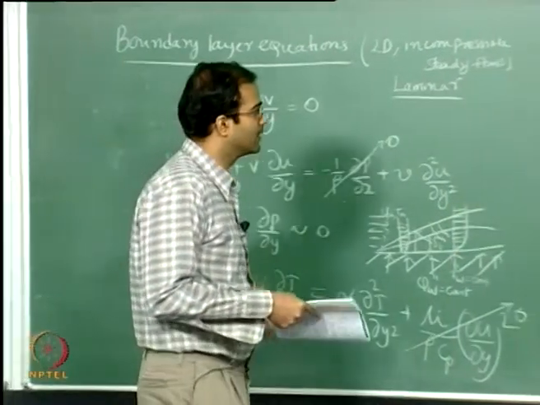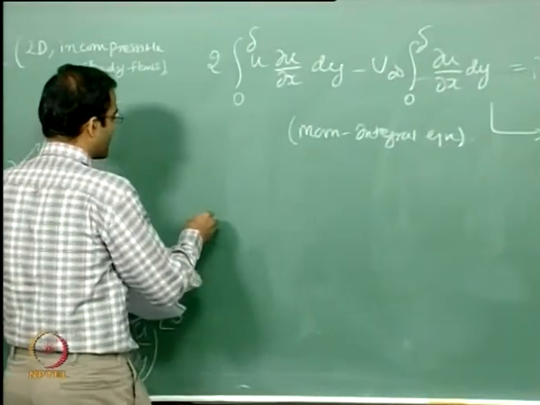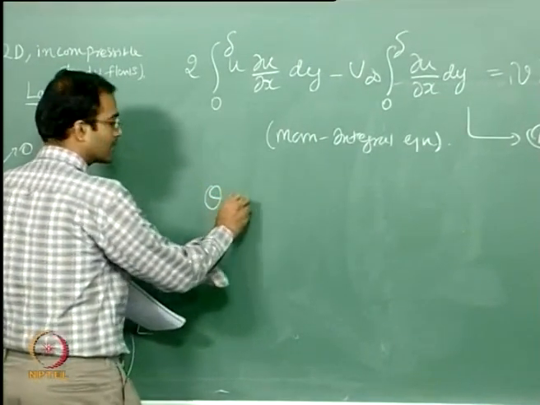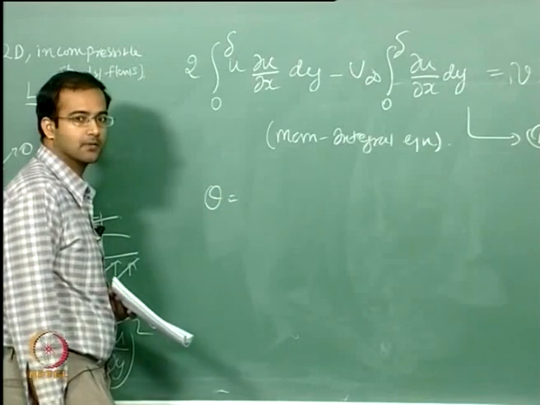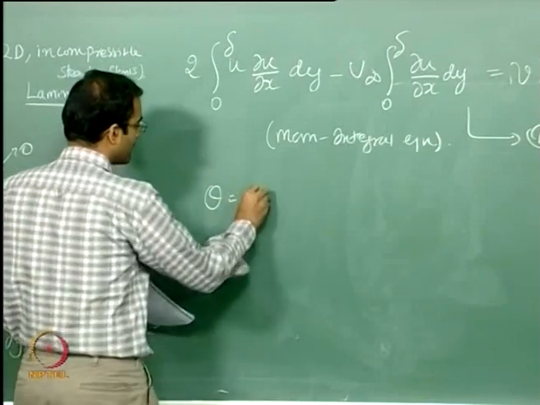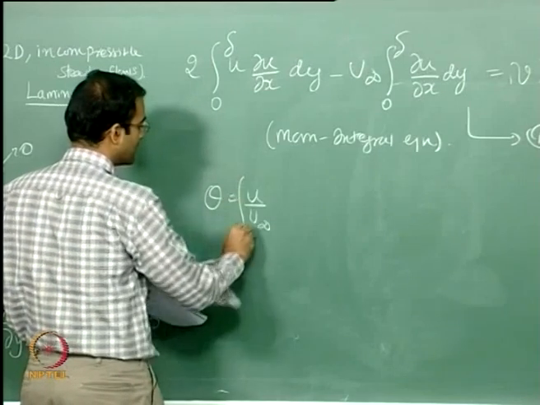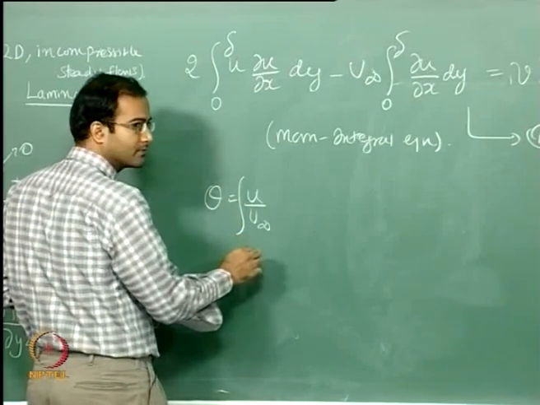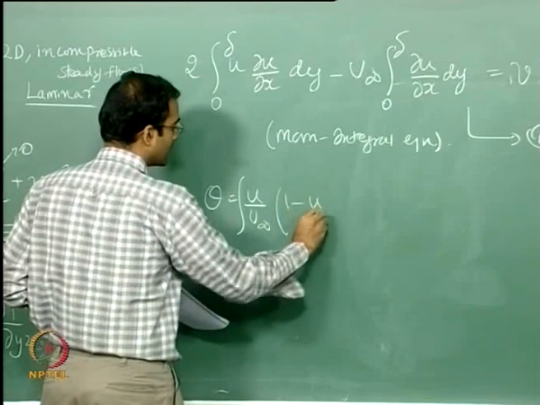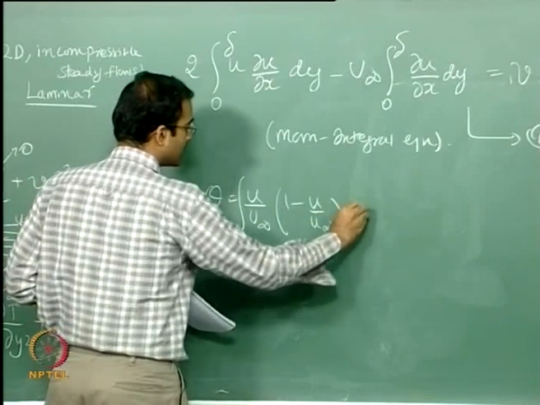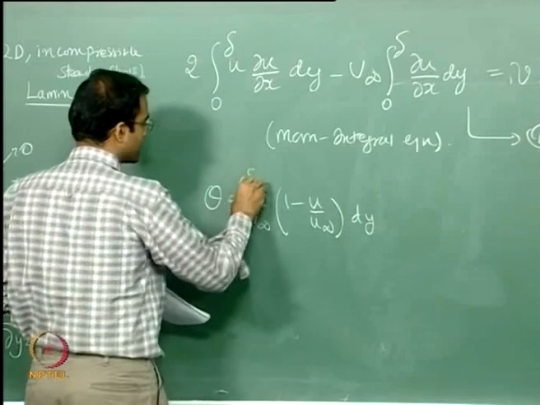Of course, you know your momentum integral, right? What is your momentum integral? Theta. How is it denoted? Theta is the integral of u by u infinity times 1 minus u by u infinity dy from 0 to delta.